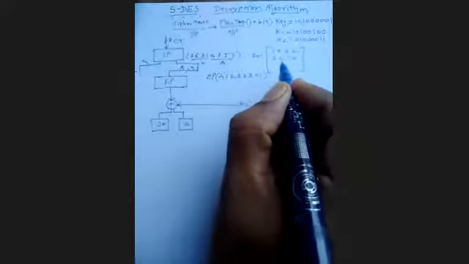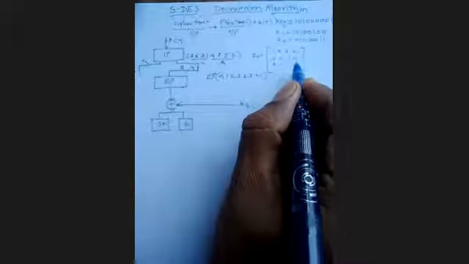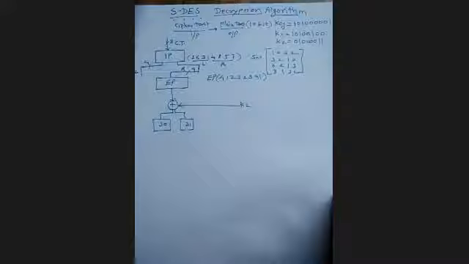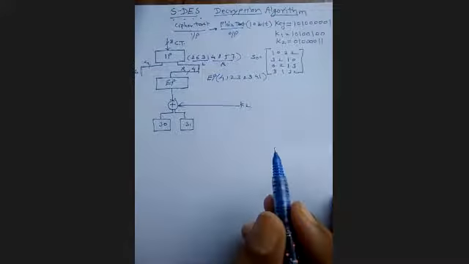This is also standard, you may say these are fixed values. Then 0213 and 3132. Got it? So these are the values for my S0 matrix.